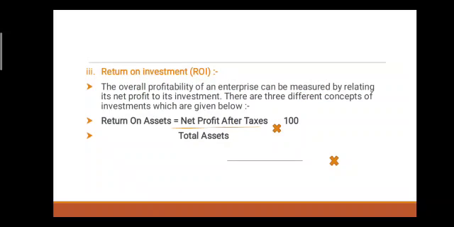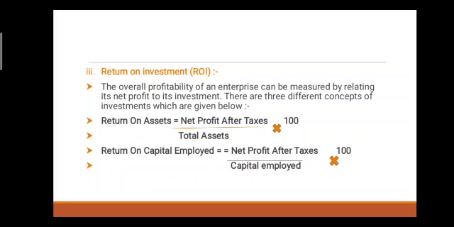Return on assets is equal to net profit after taxes divided by total assets into 100. Second formula, return on capital employed is equal to net profit after taxes divided by capital employed into 100.